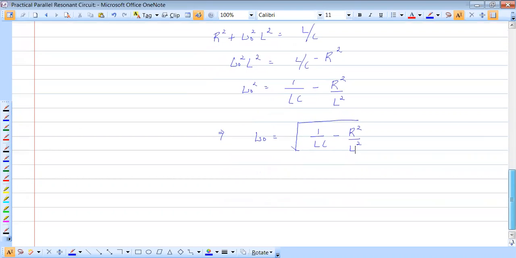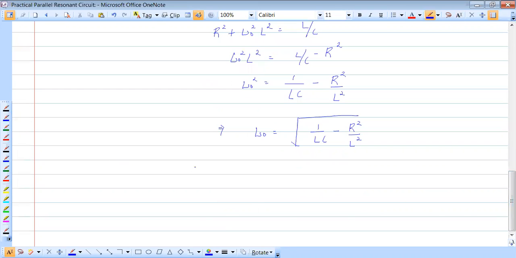So this further implies that, therefore, F naught is equal to 1 by 2 pi times square root of 1 by LC minus R square by L square. Okay, just copy this much.